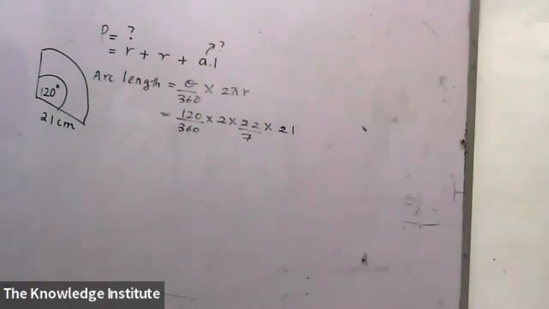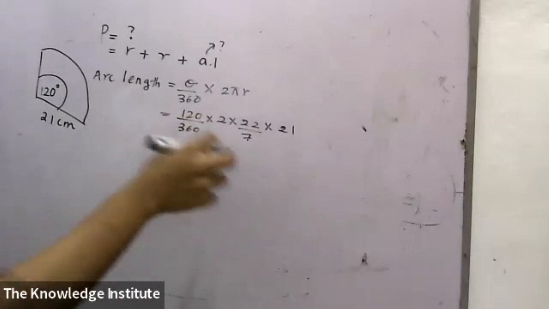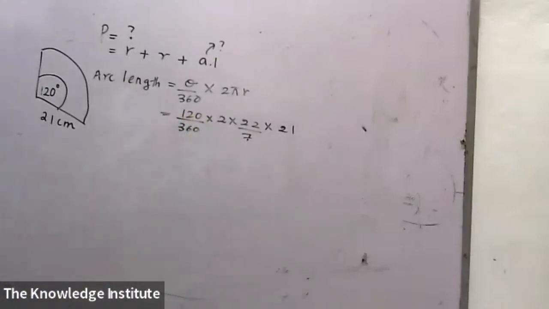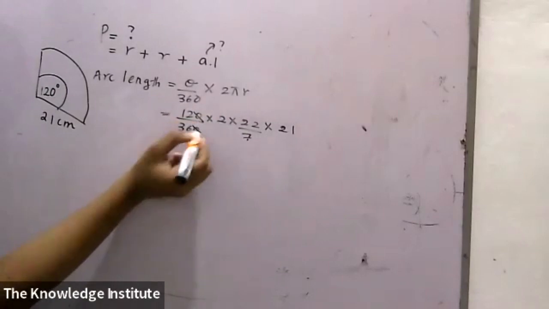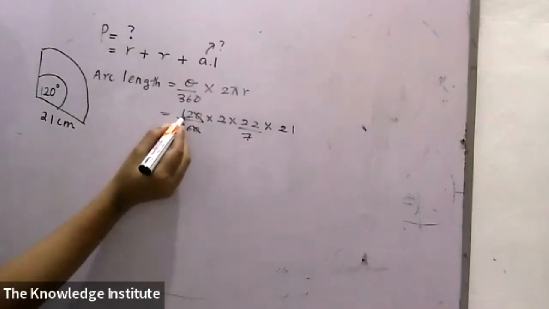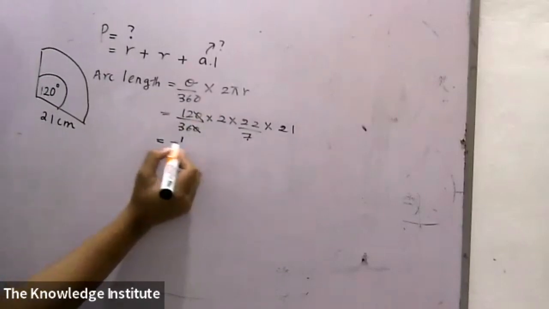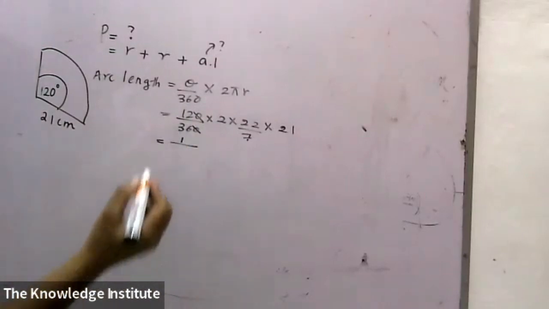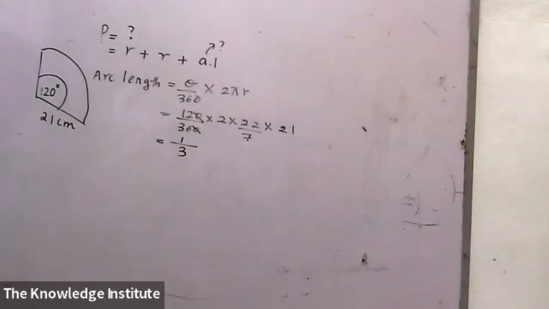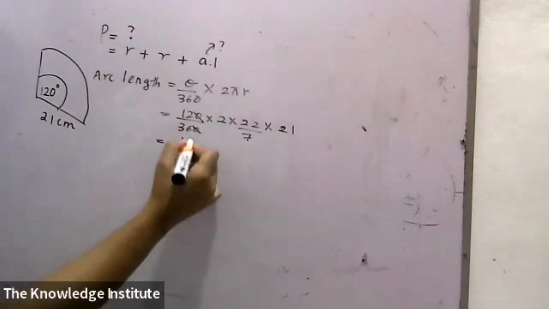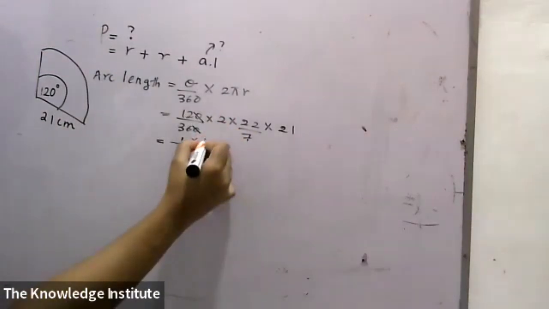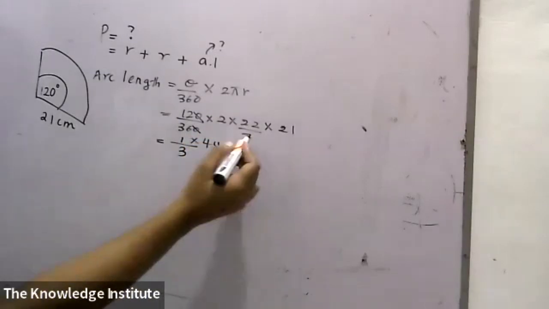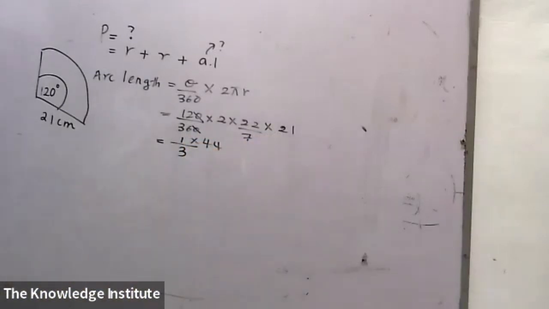Tell me, how can we simplify? Now, as you all are in grade 11, I am not going to multiply, then divide. Zero and zero cut off. You know 12 can be divided by 12, you will get 1 as your answer. In 36, you have 12 thrice, so below you will have 3. 2 into 22 is 44. 7 and 21 you can simplify.